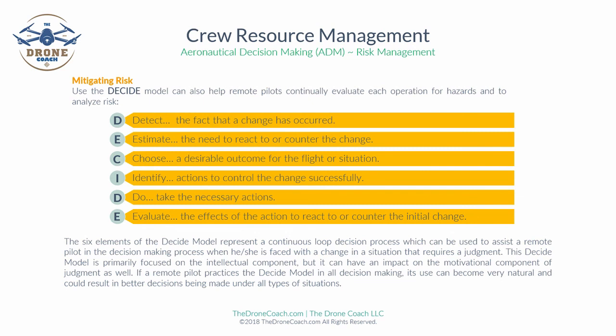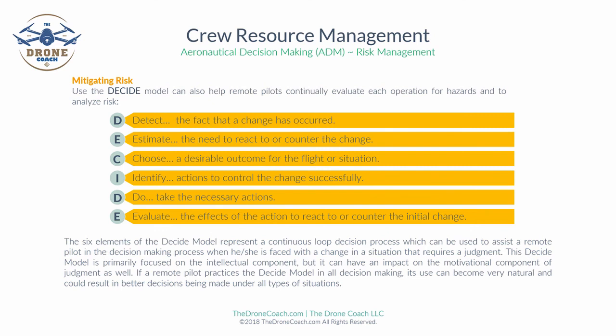So you can also use the DECIDE model to mitigate risk, and it can help remote pilots continually evaluate each operation for hazards and to analyze risk. So D for detect. Detect the fact that a change has or has not occurred. Estimate the need to react to or counter the change.